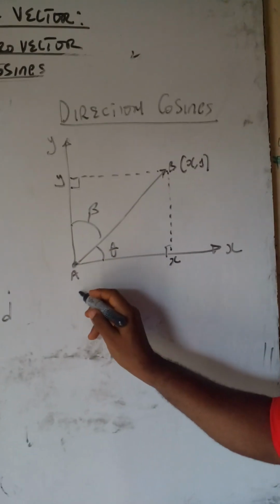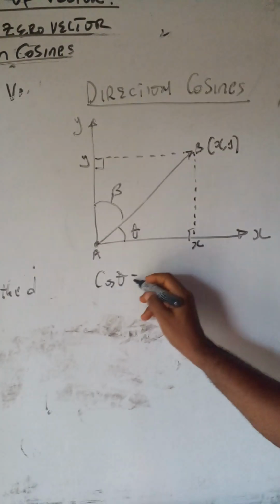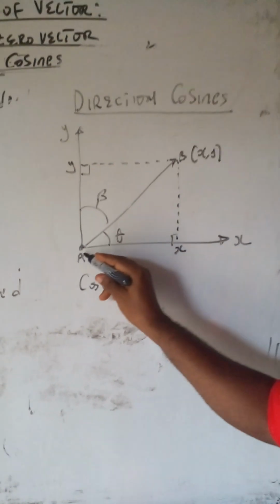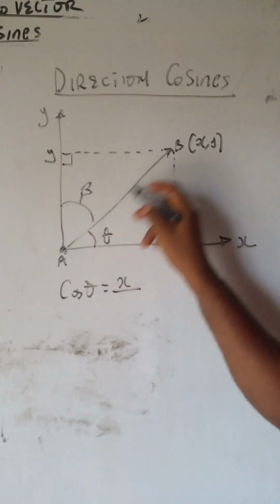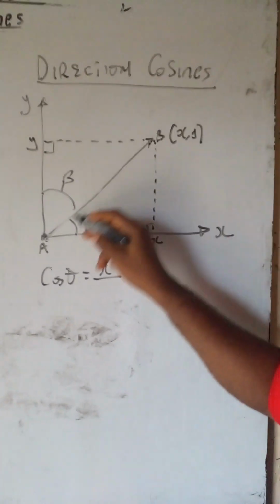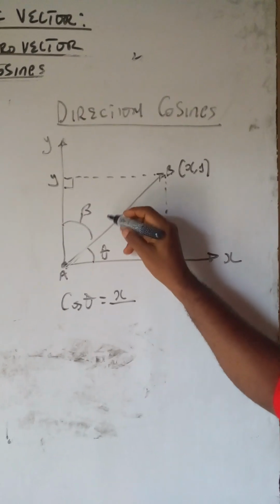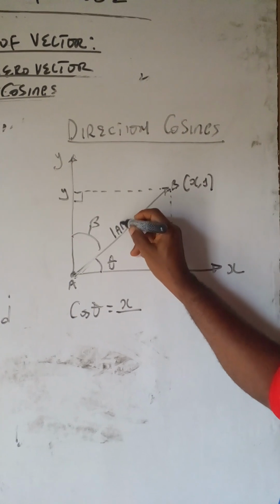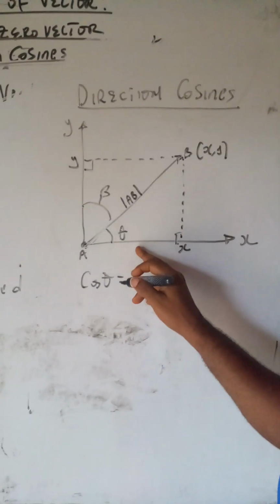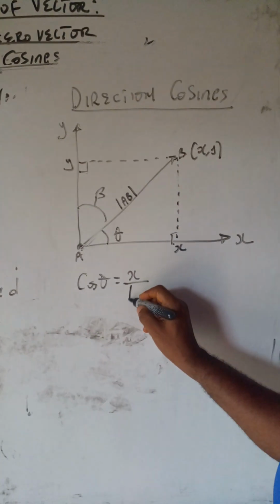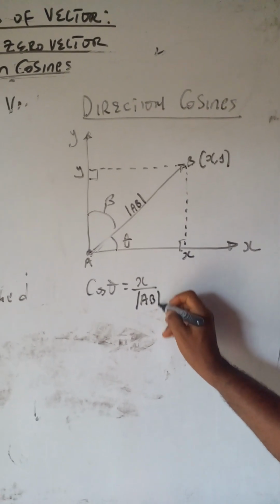So for theta, cos theta is equal to adjacent, from A to this place, that is x, over hypotenuse. And the hypotenuse here is the magnitude of vector AB.